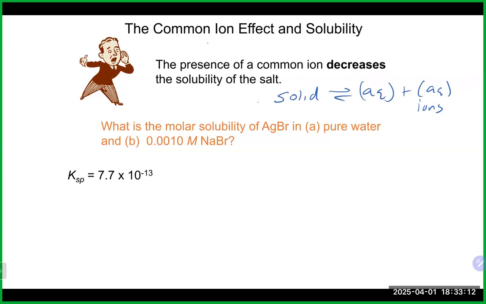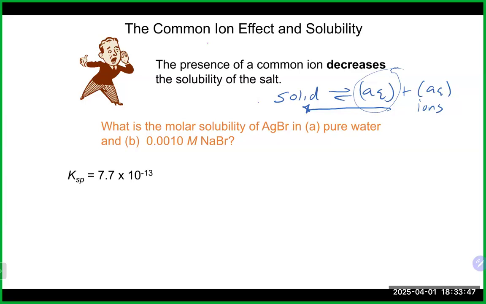The only place where we have ions is the right-hand side, which means in terms of Le Chatelier's principle, we would be adding to the right-hand side, so it would shift away from it, keep the solid together, and be less soluble. The presence of a common ion here is very much what we see with buffers and weak acids or weak bases. It lowers the solubility because Le Chatelier's principle pushes it back together.